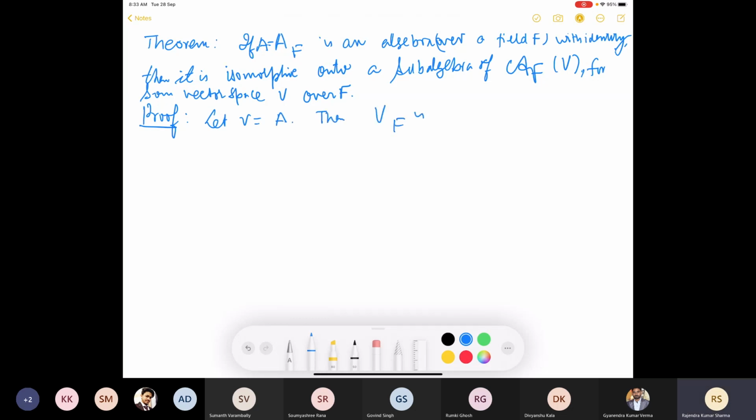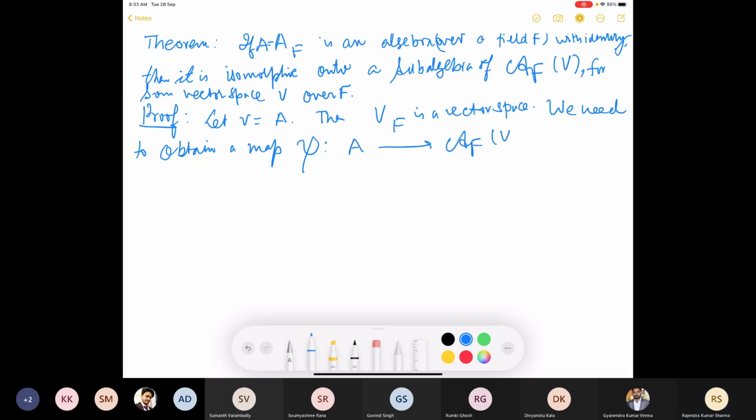Then V over F is a vector space over F. Now we need to obtain a map, say psi, from A to A_F(A), which should be an algebra homomorphism.